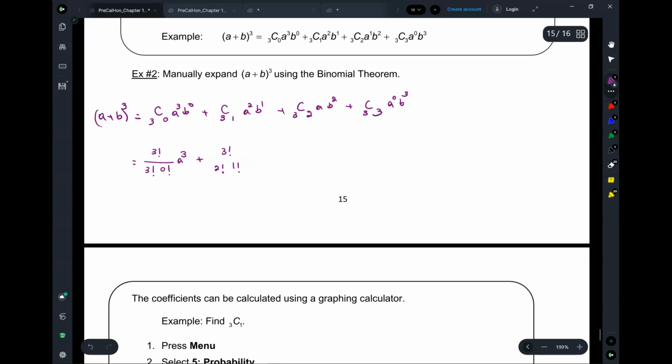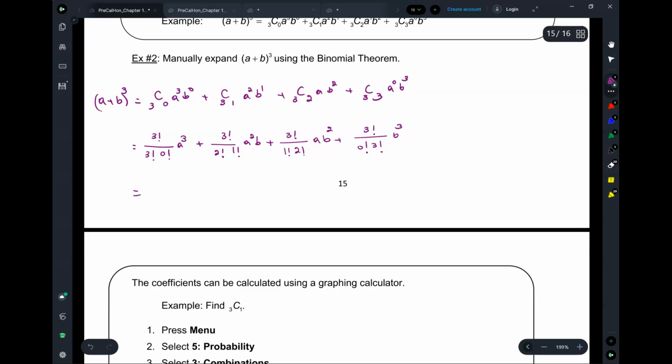Are you seeing the pattern there? A squared times b. Plus, what is the fraction going to be here? 3 factorial over 1 factorial. Then ab squared plus 3 factorial over 0 factorial, 3 factorial, b cubed.